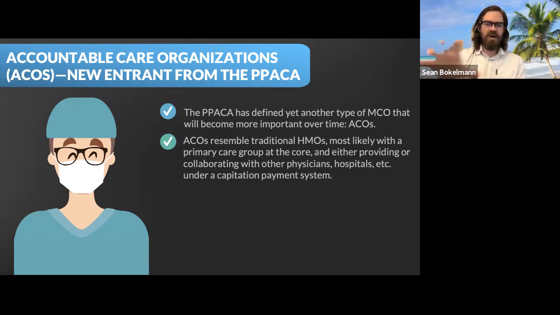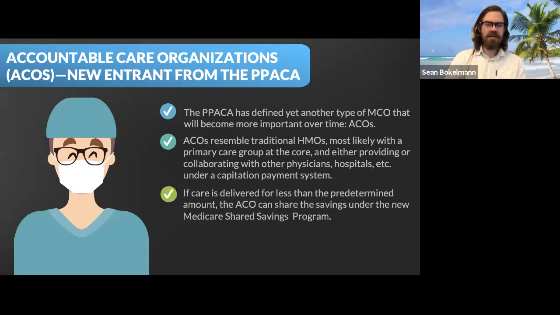They have a primary care group, a group of physicians that offer care, and they provide that care with collaborating physicians and hospitals, and they use a capitation payment system. So very similar to HMOs. The main difference is that if care is provided for less than the predetermined amount, the ACO can share the savings under this newly created Medicare Shared Savings Program.